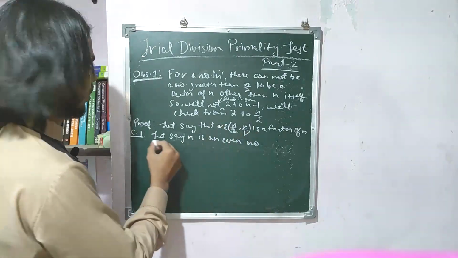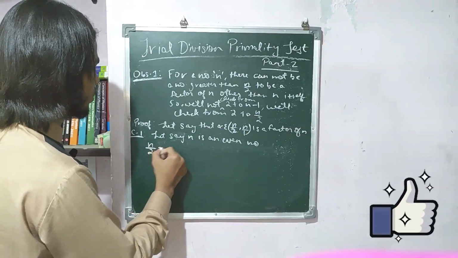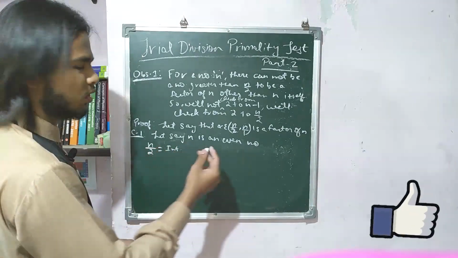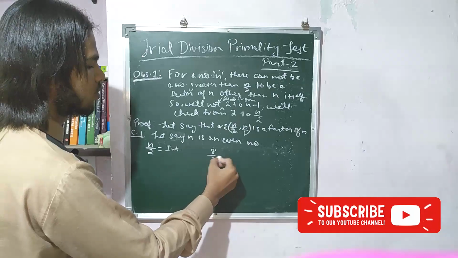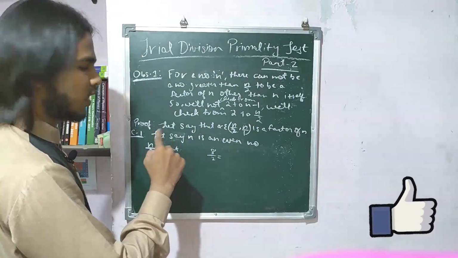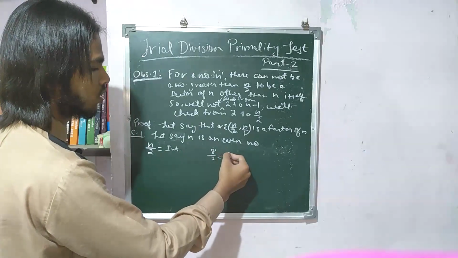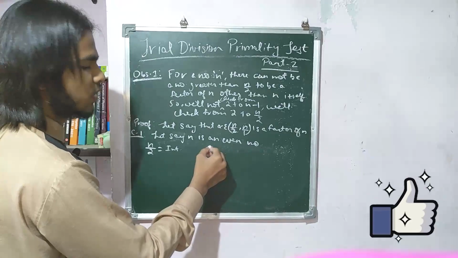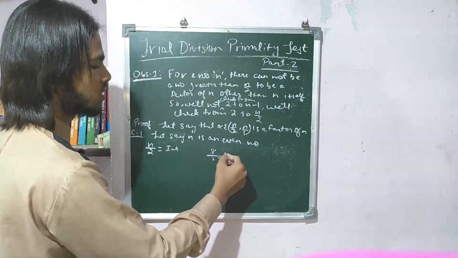So that means n by 2 is equal to some integer, because when we divide any even number by 2, 2 divides that even number completely. So 2 is a factor of n. So we'll get some quotient to be some integer, because 2 is a factor of that even number. So here in this case we will get 4.